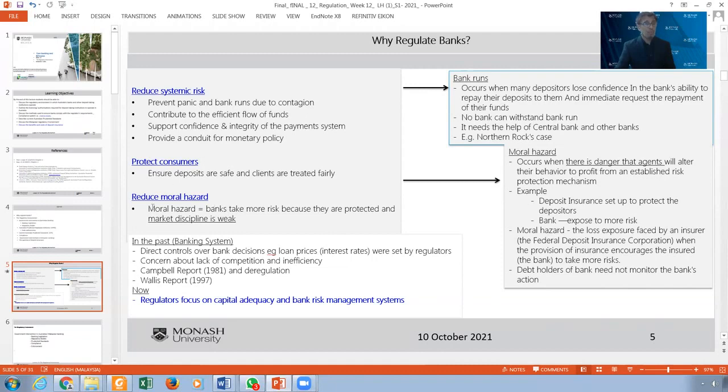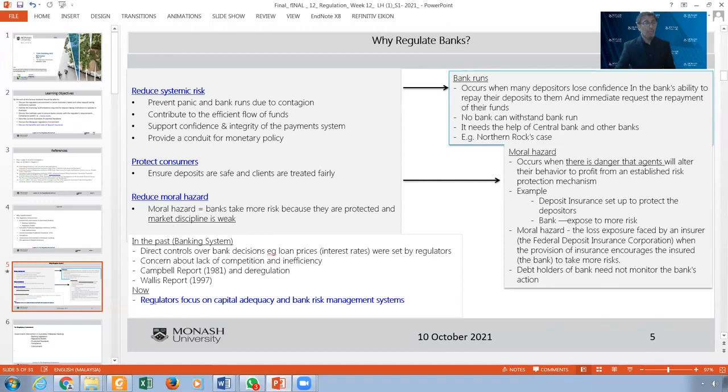And one of the most important things is that banks use, for example, the benefits of the regulation, and they take more risk, which we call moral hazard. Now, moral hazard has to be taken care of, and the regulators have to be sure to minimize any moral hazard, which is the misuse of any regulations.